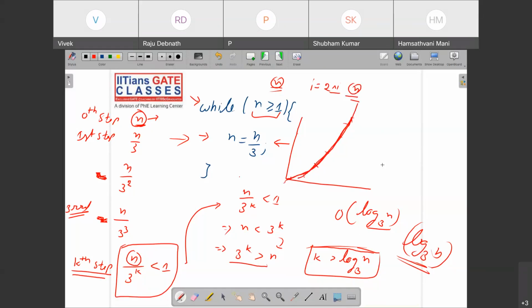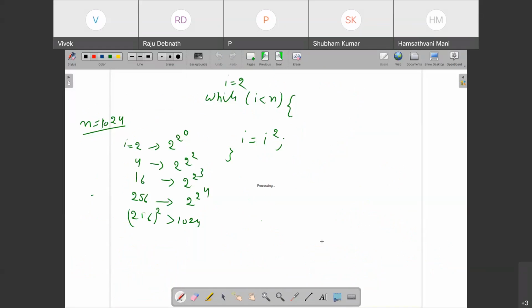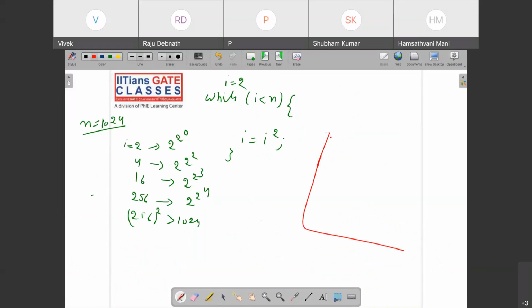Similarly, once we do n equal to n by 3, initially the value of n is here, for example. Now, once we try to decrease the value of n by 3, it suddenly comes here. Then n by 3, it will suddenly come here. So it is an exponentially decreasing value. That is why we are taking log 2n.